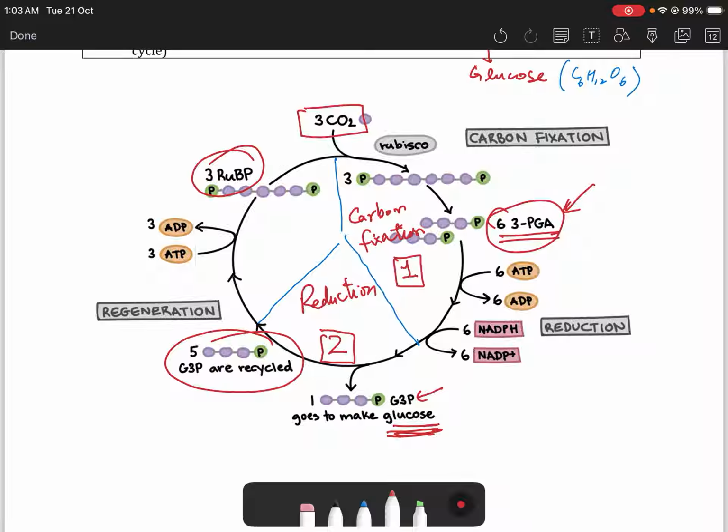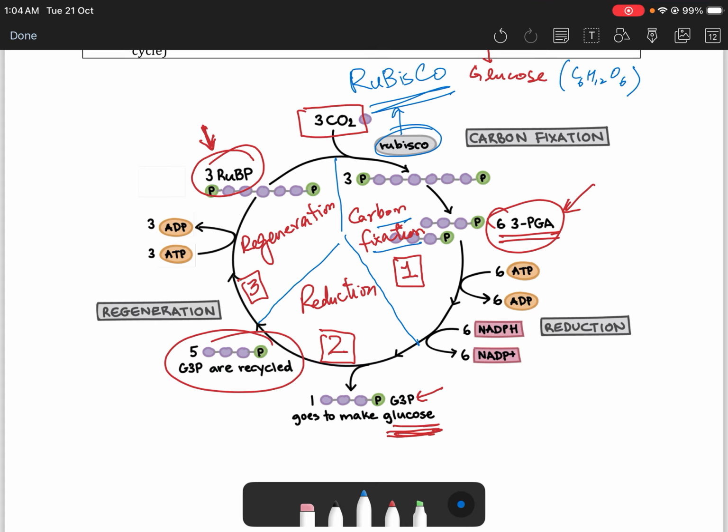And the last one, step number 3 over here, is called regeneration. And who is regenerated? RuBP. There is an enzyme involved in this stage. This enzyme is called Rubisco. Rubisco is an enzyme involved in carbon fixation, and it is present in the cycle itself.